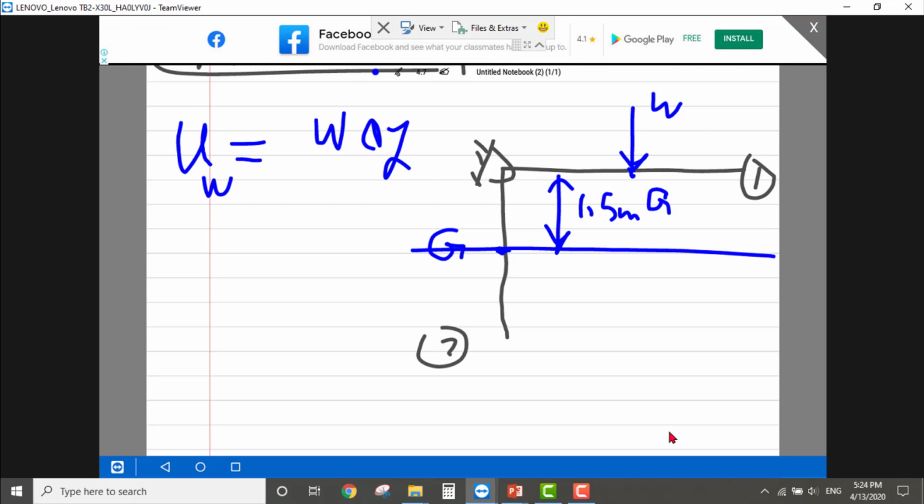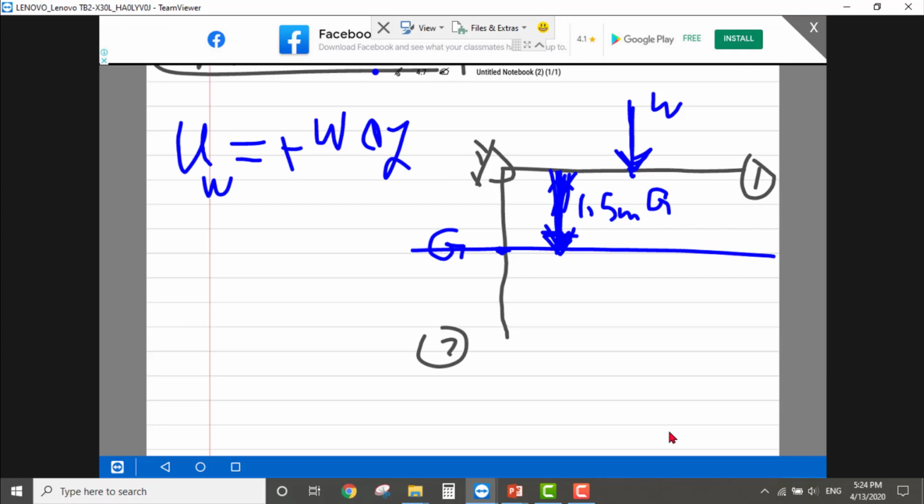Because W is directed downward, and the displacement that happens between state 1 and state 2 is directed to the negative y direction. Okay, so here is the direction of this displacement. So both of them are in the same direction, so I'll substitute it as positive.